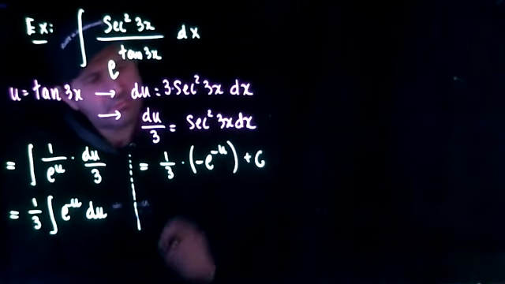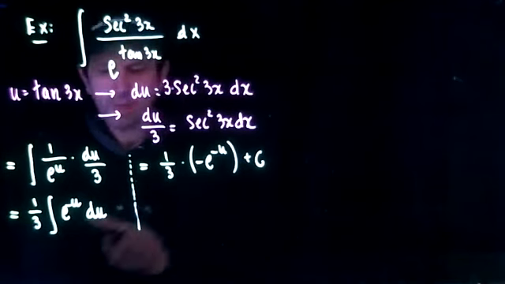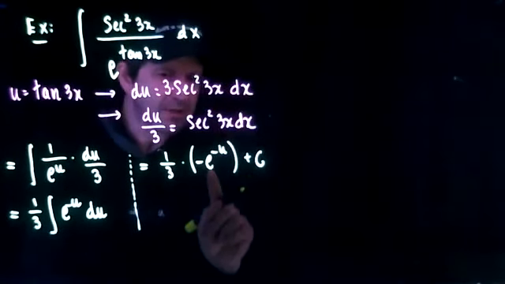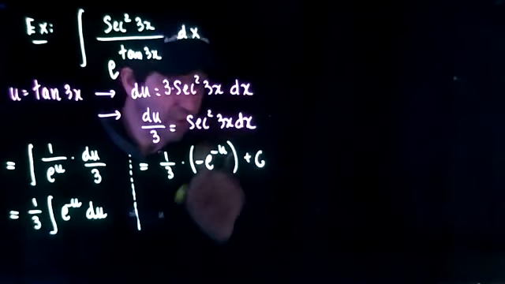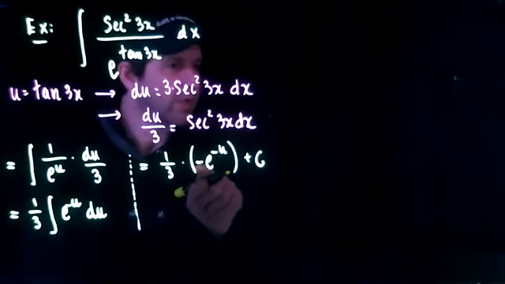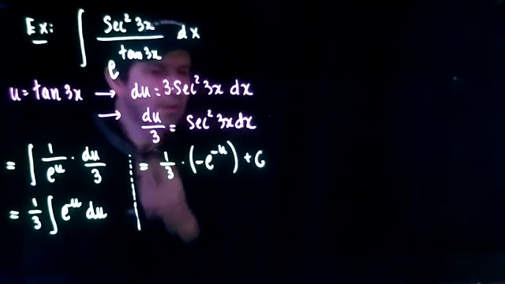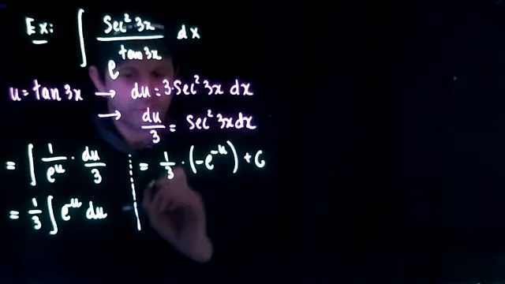Sorry, how does it become that? I don't understand how it comes from here to here. Yeah, I know that if you derive e to the minus u, you'll get e to the minus u times minus 1, and that cancels with this minus. Oh, okay, thank you. So that's it.